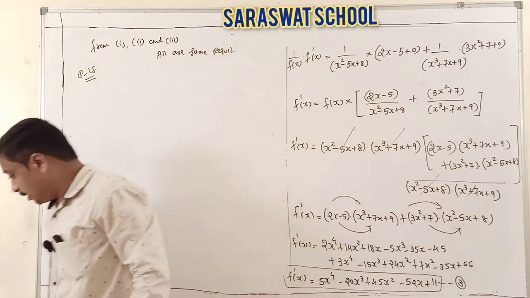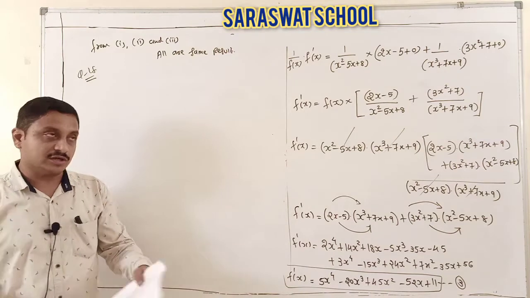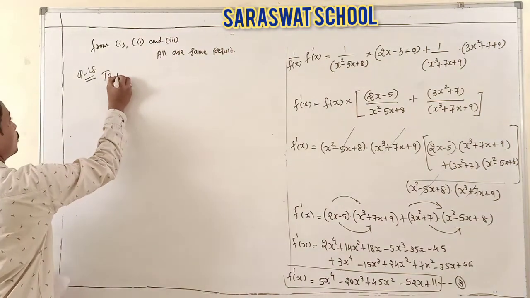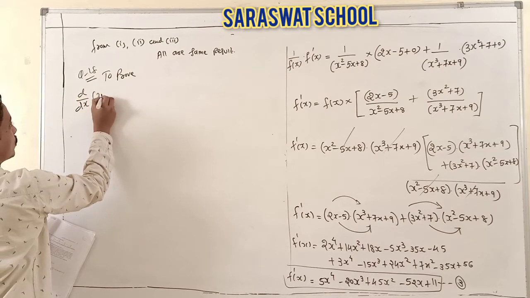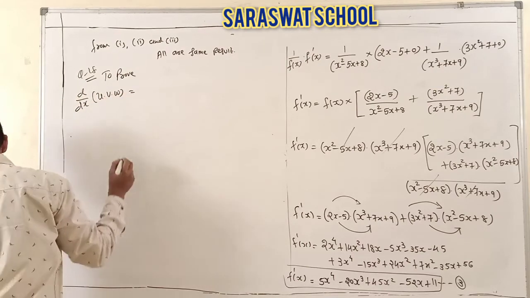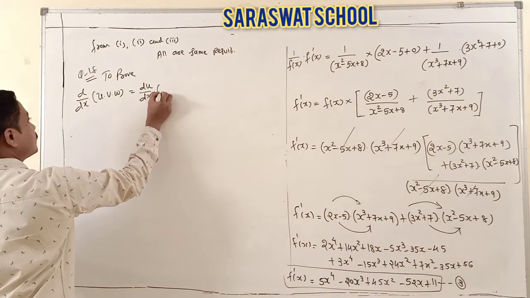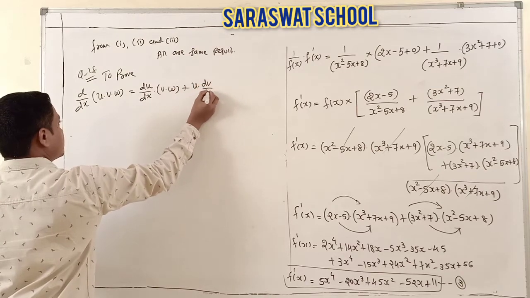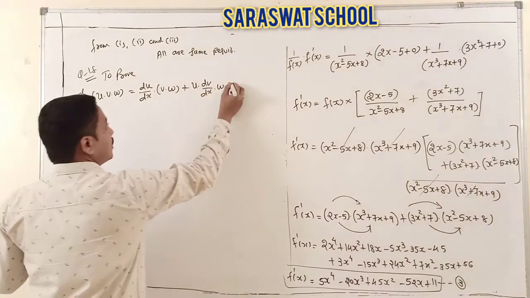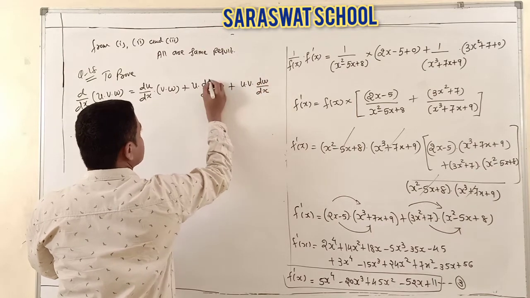Yes students, question 18 is there: d/dx of u into v into w, to prove d/dx of (u v w) equals (du/dx) v w plus u (dv/dx) w, and last u v (dw/dx).